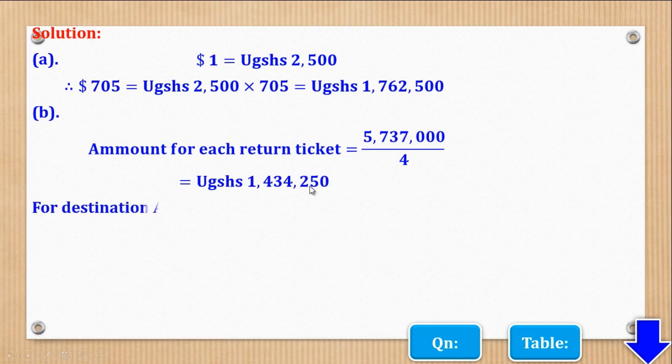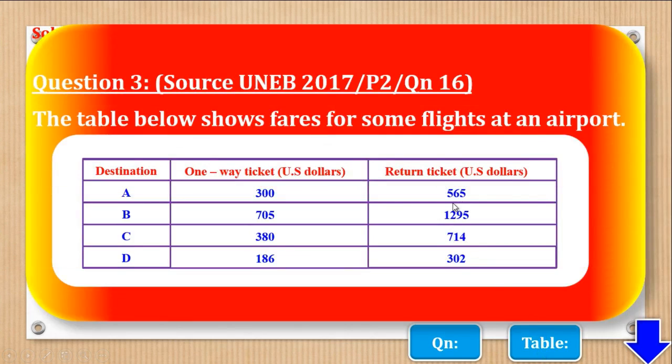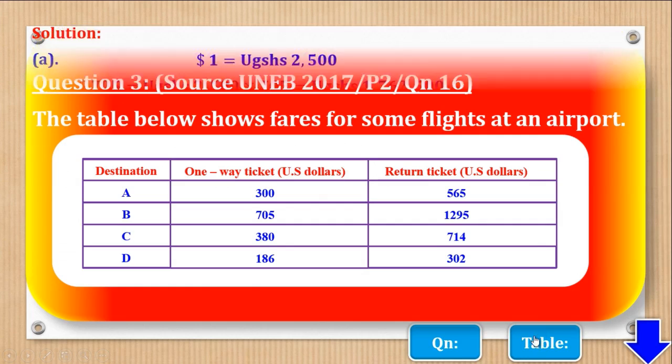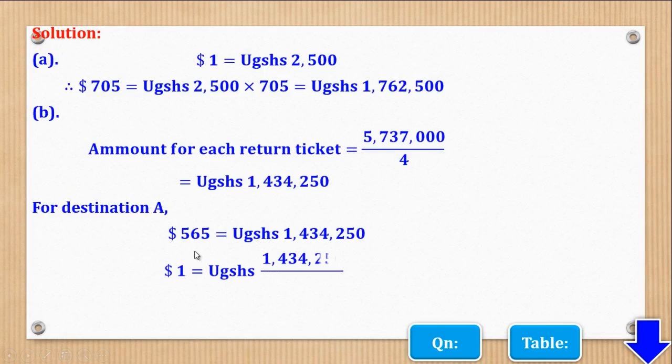1,434,250. Therefore for destination A, we know that US dollar 565 will be equal to 1,434,250 Ugandan shillings, because this one must be equivalent to the one in the table. So this one in Ugandan shillings must be equivalent to this, which is 565. Therefore, when I divide both sides by 565, I'll come up with $1 being equal to 1,434,250 divided by 565.